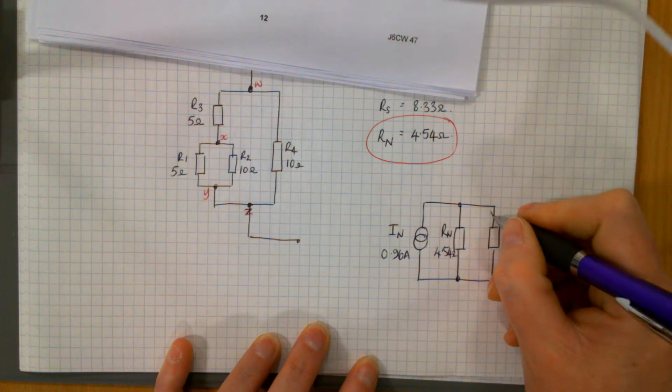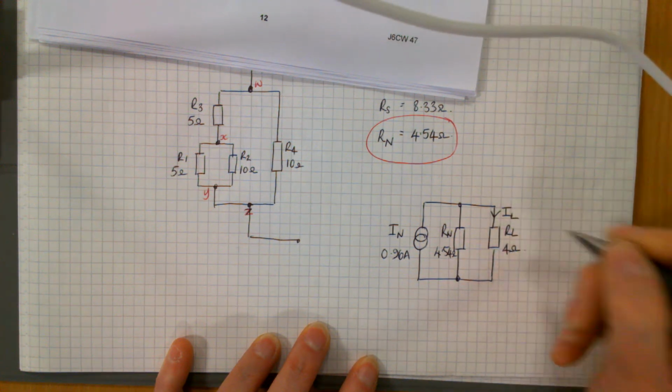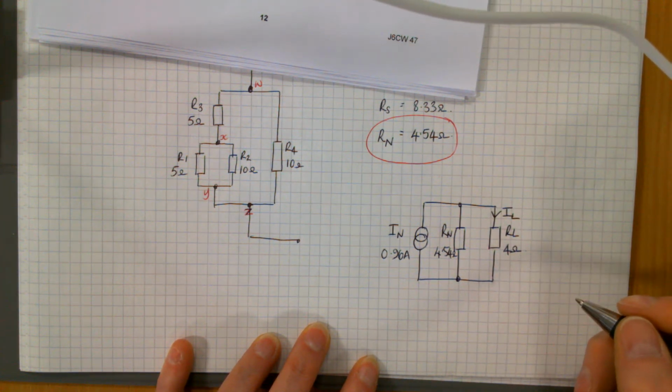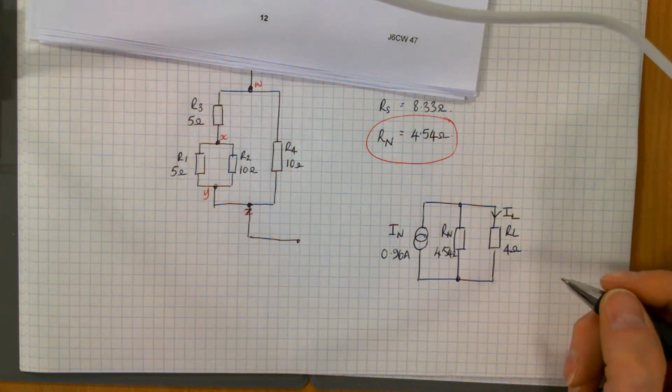So from that, you're going to do a current divider to get the current through the load, and then you're just going to do V equals IL.